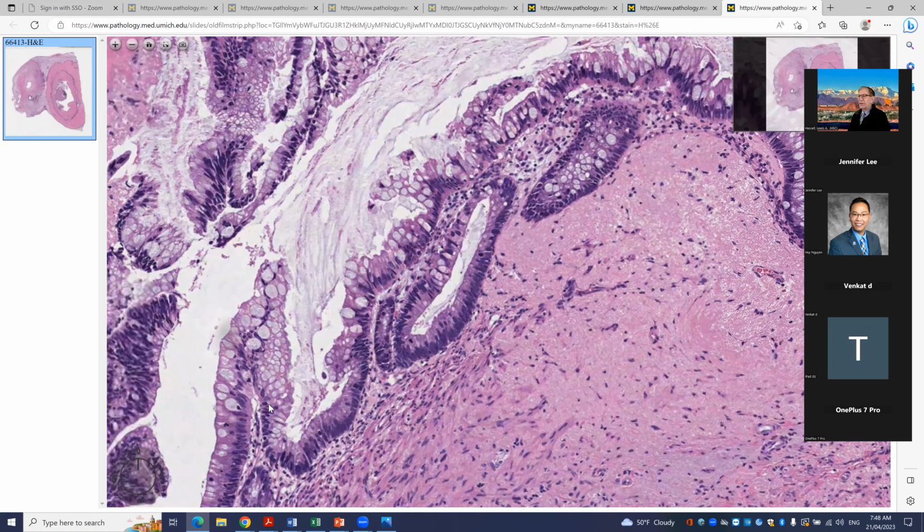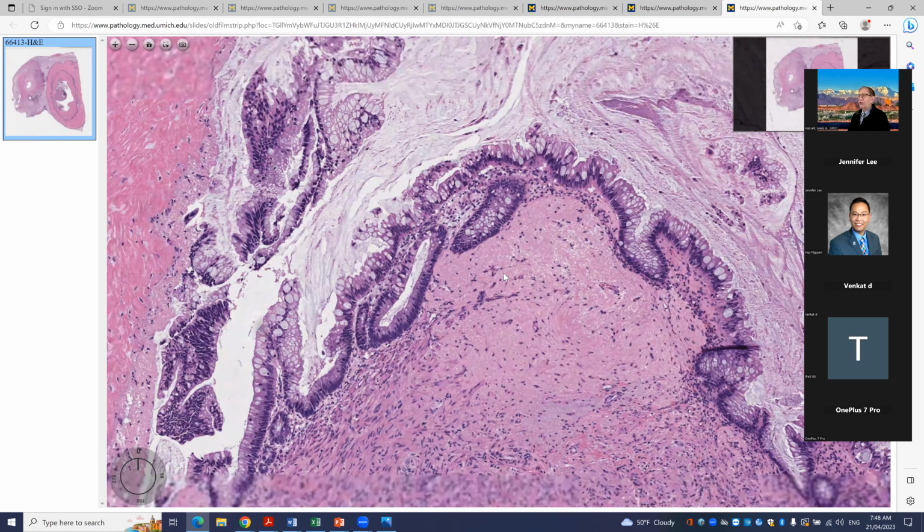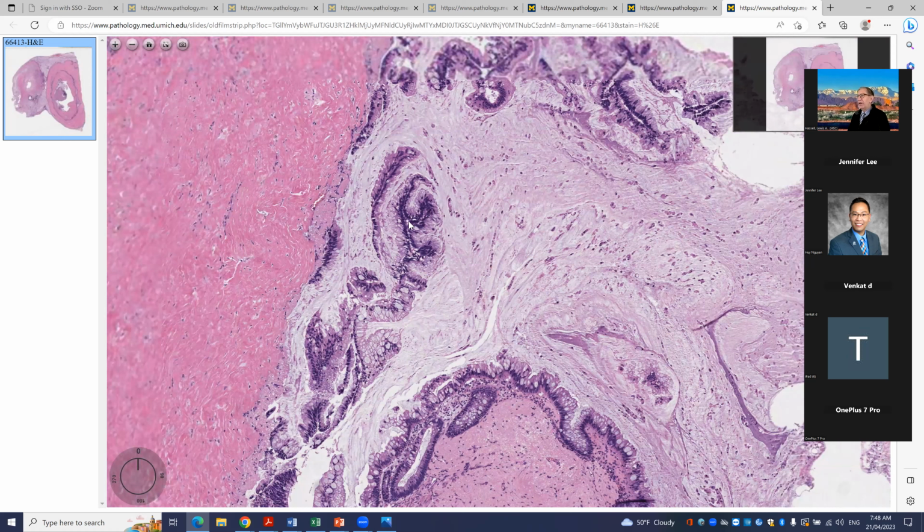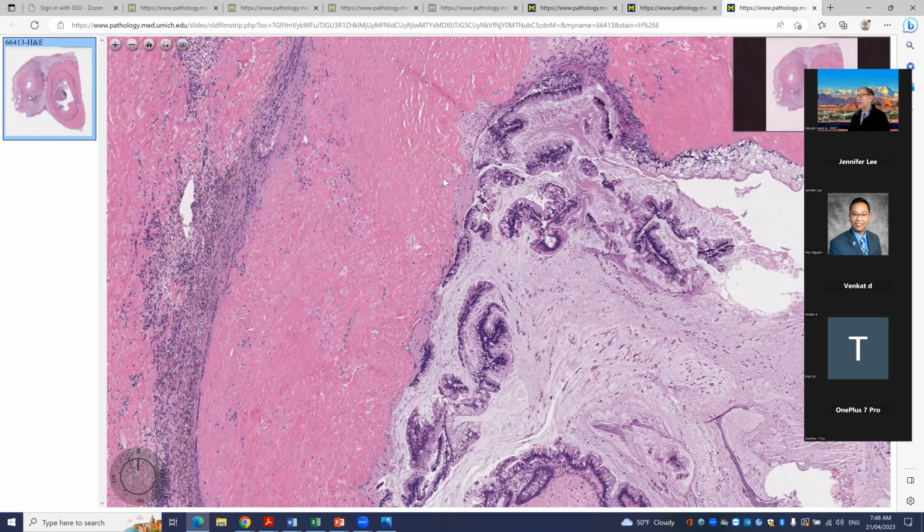And so this is a neoplasm. Now, the classification of this neoplasm is that of low-grade appendiceal mucinous neoplasm. And one of the clues to making that diagnosis is this very hyaline-appearing dense collagen base that you see these cells resting on.